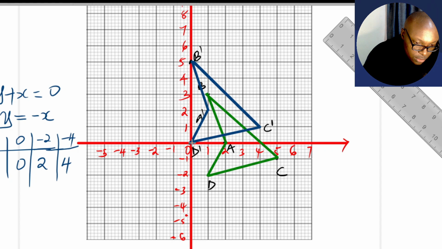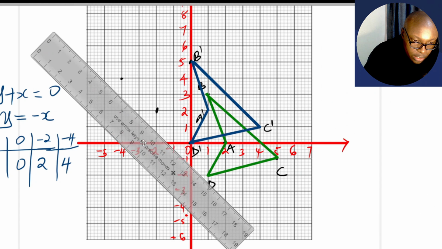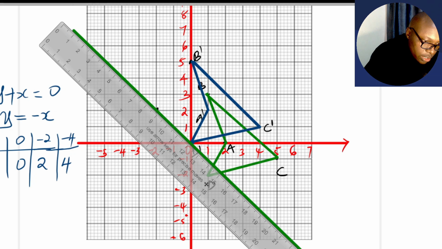So 0, 0 is there, the origin, then -2, 2 is here, and then we have -4, 4. So those are the points. You use these points and draw that line. So let me get the ruler and draw that line. So that is the line that we need.